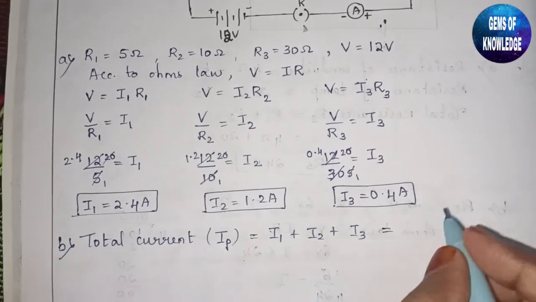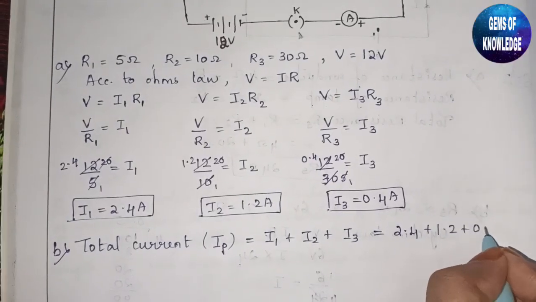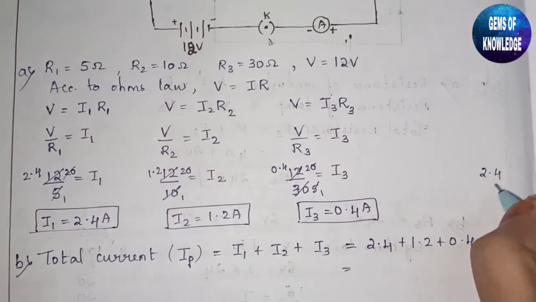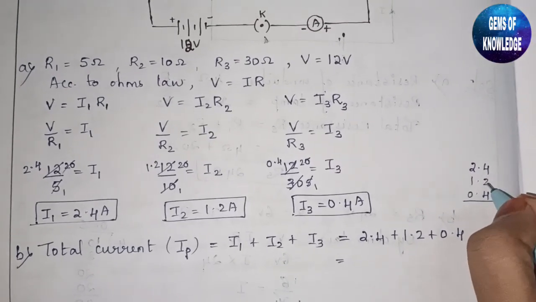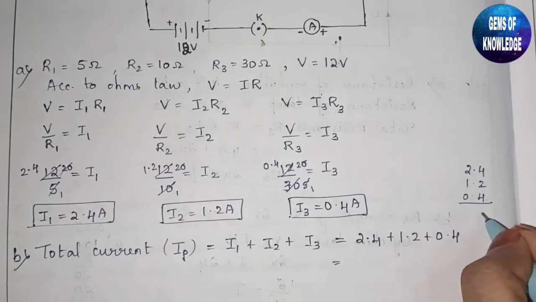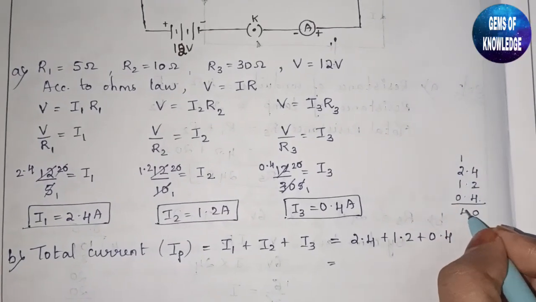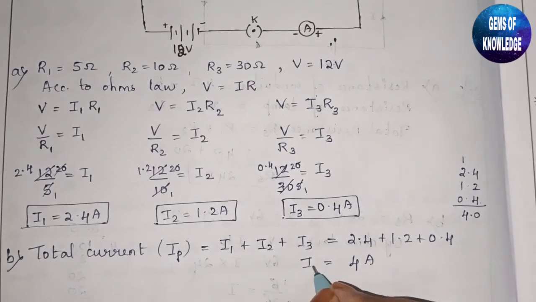Let us substitute: 2.4 plus 1.2 plus 0.4. Let us calculate here. 4, 5, 6, 7, 8, 9, 10, 0 and 1 carry, 2, 3, 4. So 4.0, it is 4 ampere.